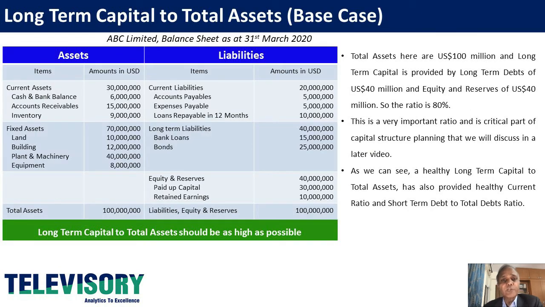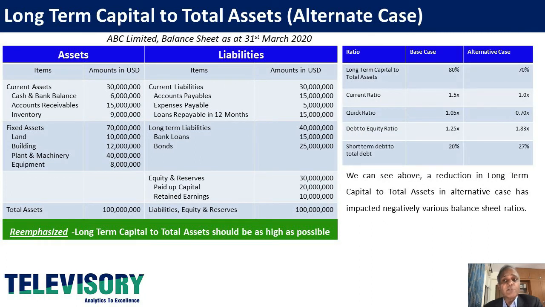The last ratio that we want to discuss today is the long-term capital to total assets. And in this case, the long-term capital deployed is equity and long-term loans. So the ratio is about 80%, which is a healthy ratio.